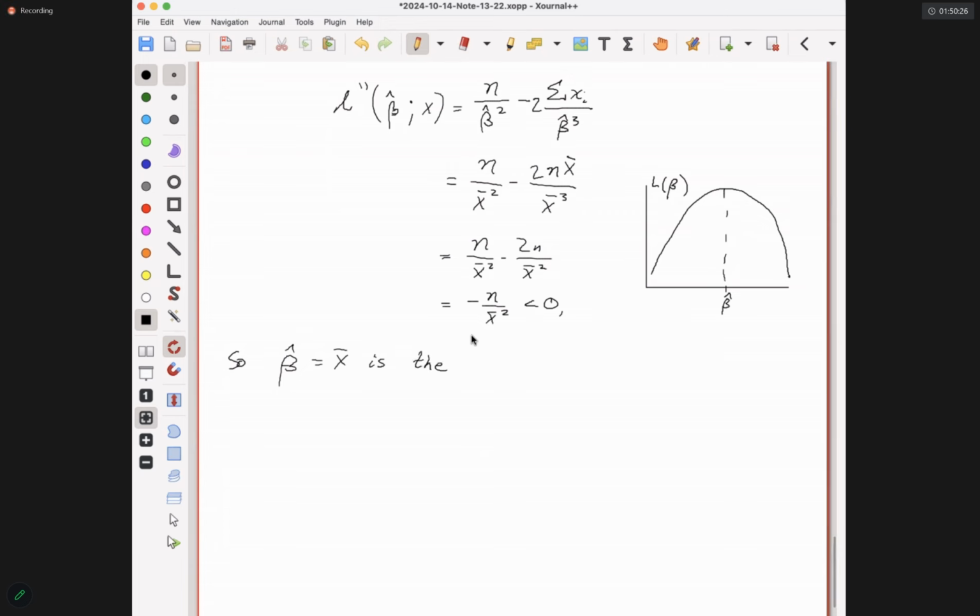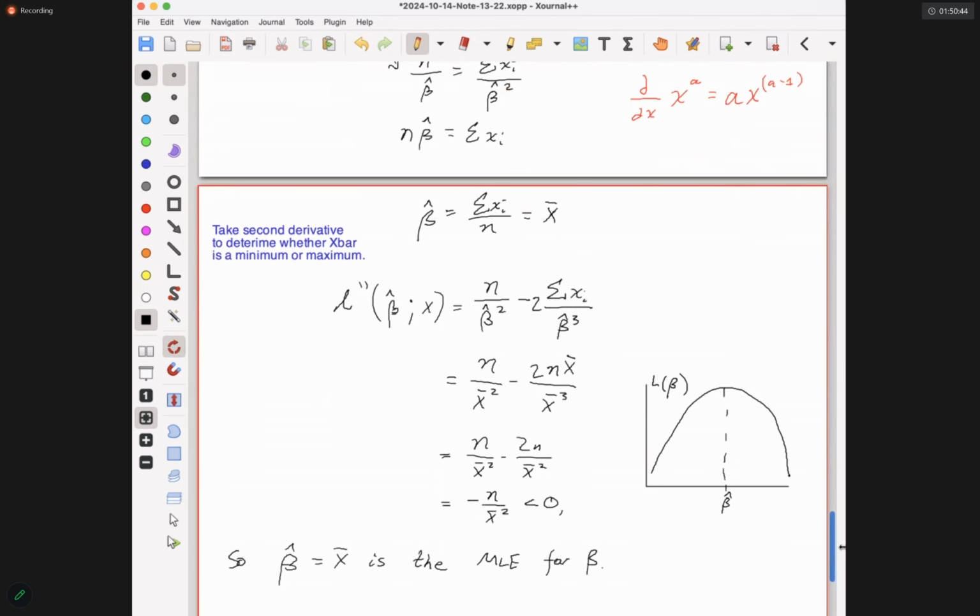And we don't have any other local extrema. So beta hat is the MLE for beta. Does that make sense? Okay.